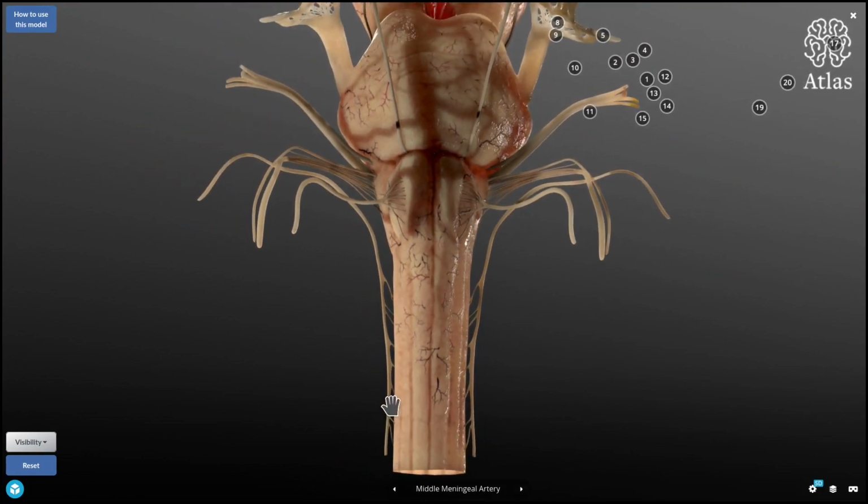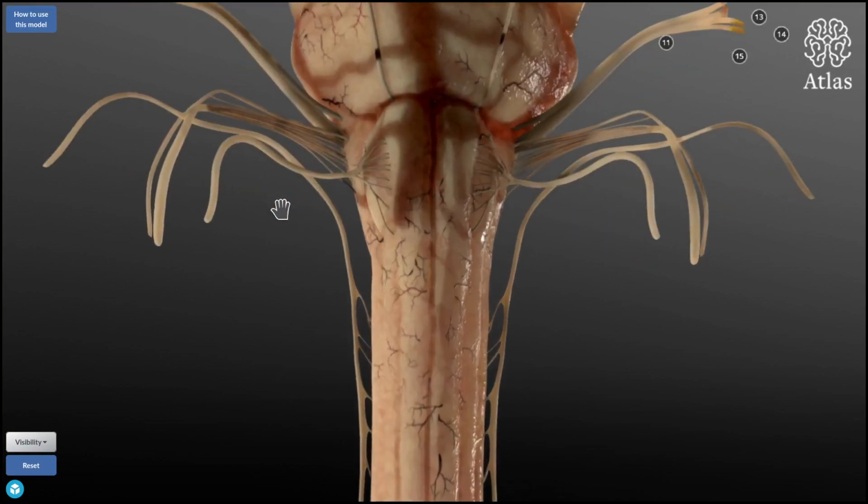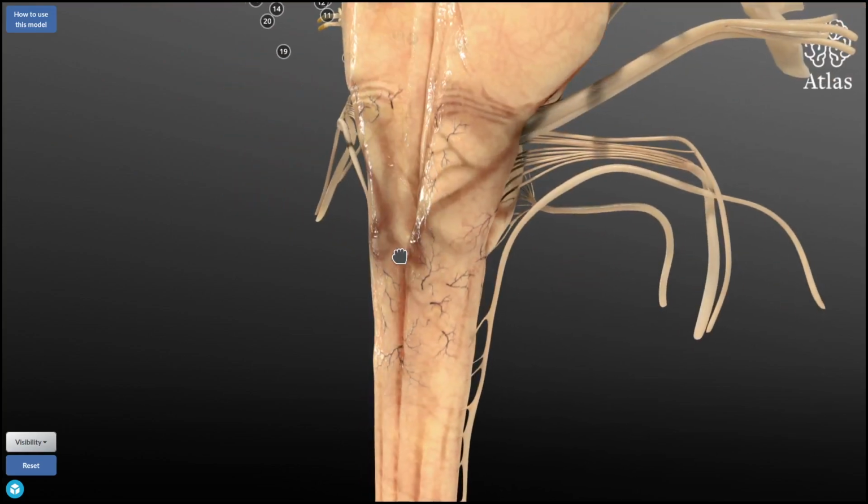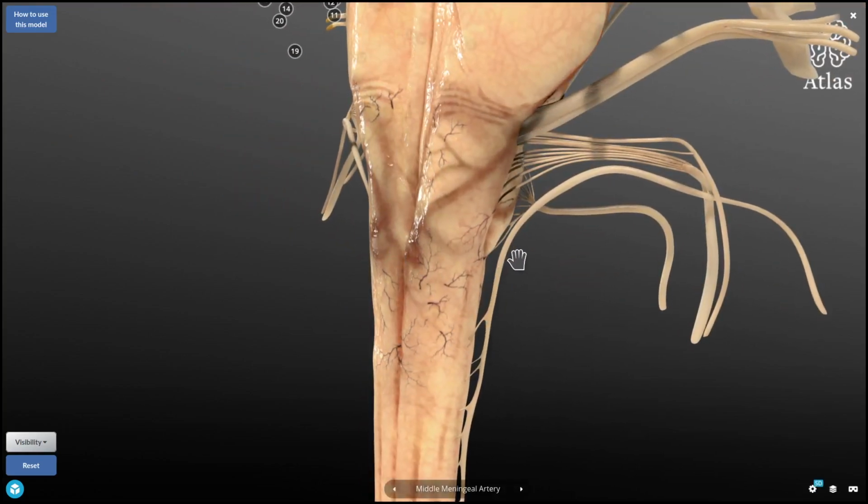It is actually a spinal nerve that became a cranial nerve simply because it went inside the foramen magnum. So it is a spinal nerve that is also a cranial nerve, and it travels together with the 10th, the 9th, and the 12th cranial nerves.